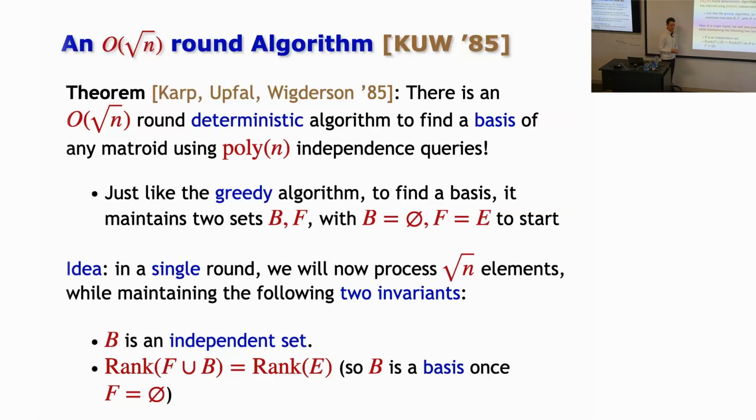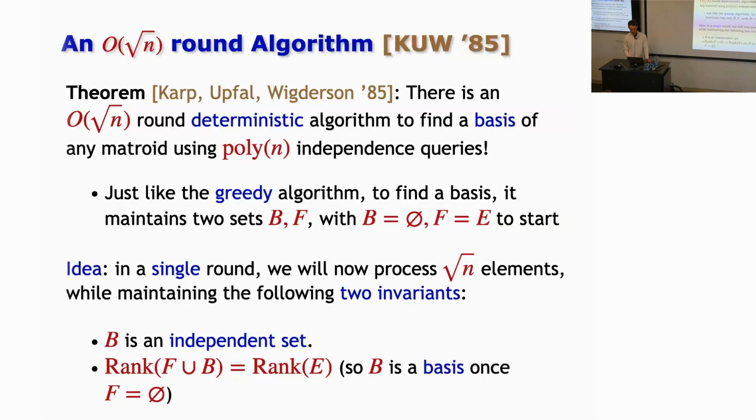Question: are you given rank of E, or is there a way to compute rank of E without computing B? Great. If you knew the rank, or in general, if you had a way to compute the rank of any arbitrary subset, then it's actually a very easy problem to find the basis. So you can't really assume that you know the rank of E. Somehow it's actually morally equivalent to finding a basis.